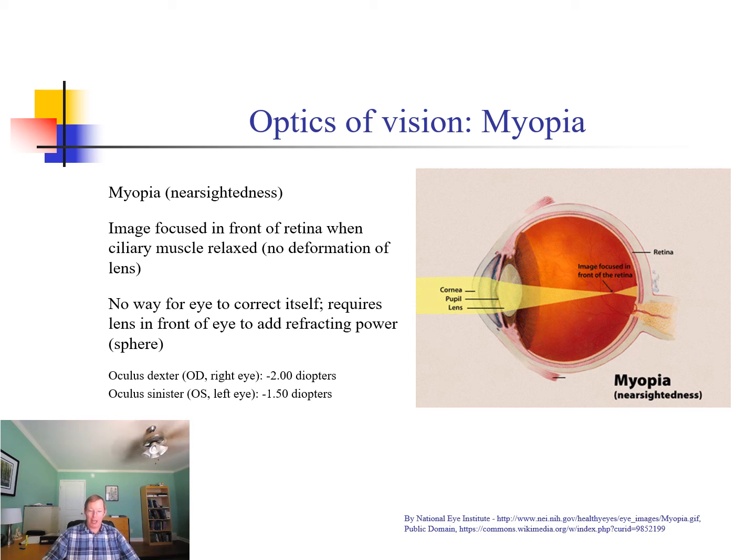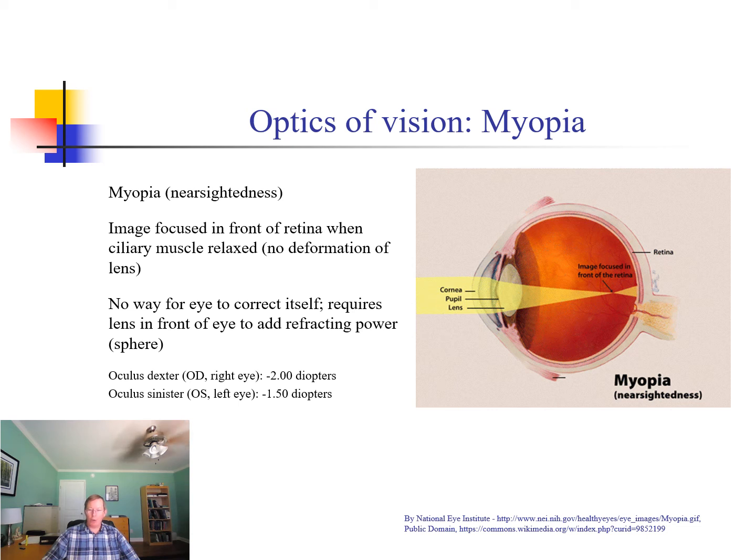In myopia, the image is focused when the lens is relaxed. In other words, I'm not making it spherical, in front of the retina, in front of the fovea. And so what that means is by the time you get it back to wherever the retina is, it's going to appear blurry because it's not going to be in focus.